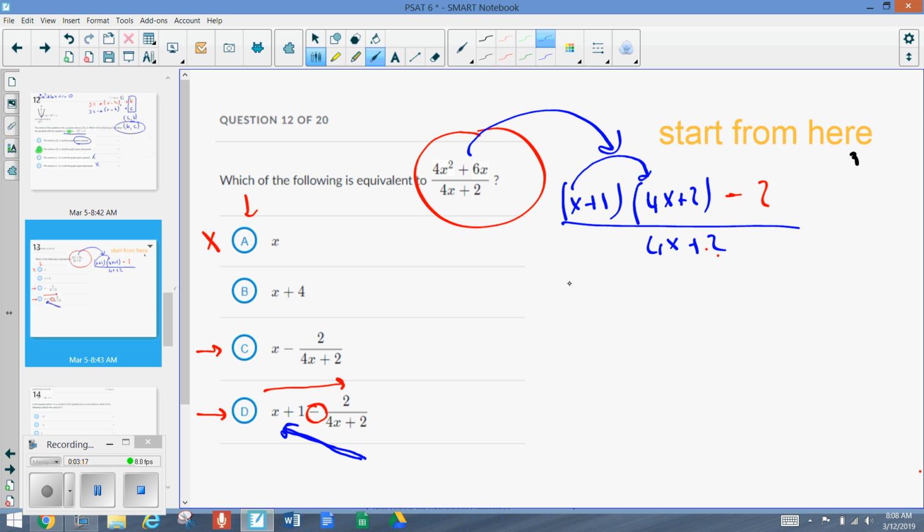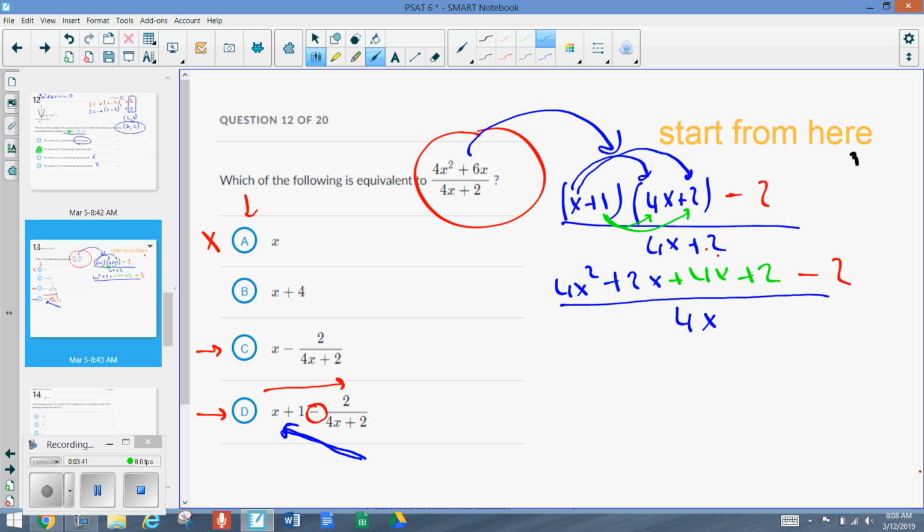Now, there you go. Distribute: 4x squared plus 2x, and then 1 times 4x, 1 times 2. And at the end, don't forget to write 2 over there. And then what was the denominator? Keep that as it is.